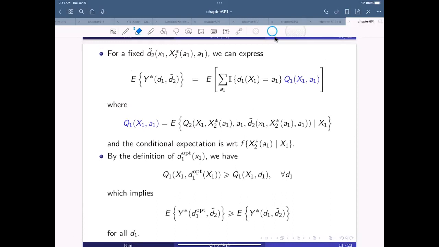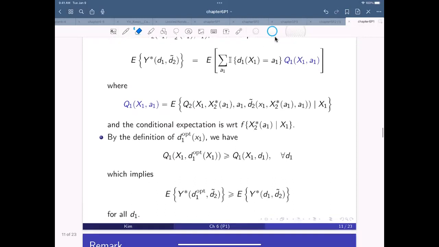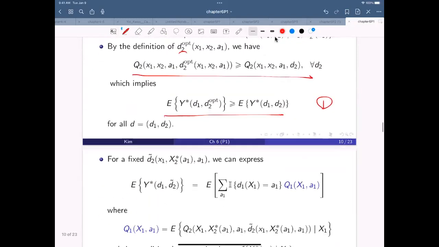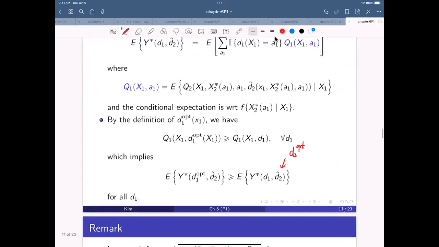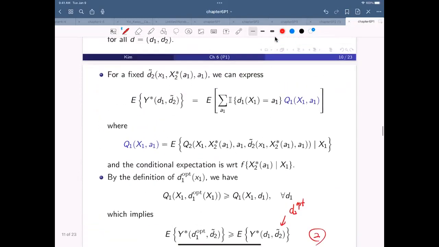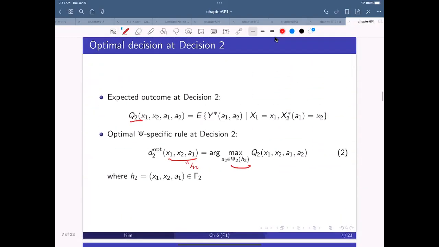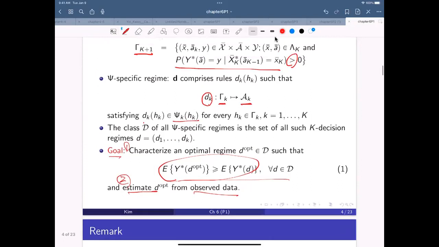This one implies this one, but what you really want is to choose this one to be optimal. Basically we want to combine 1 and 2 to show the global optimum.